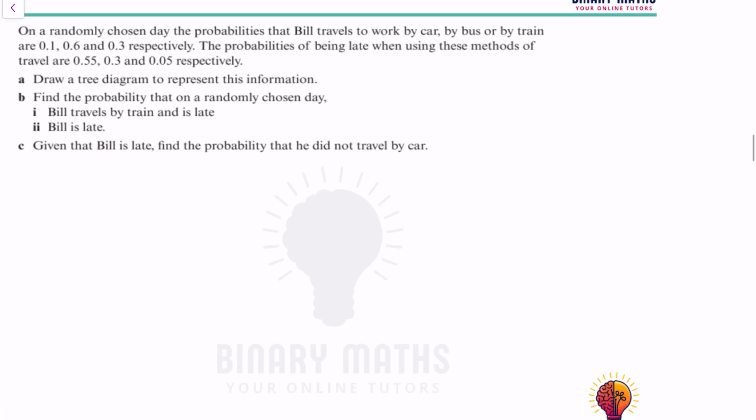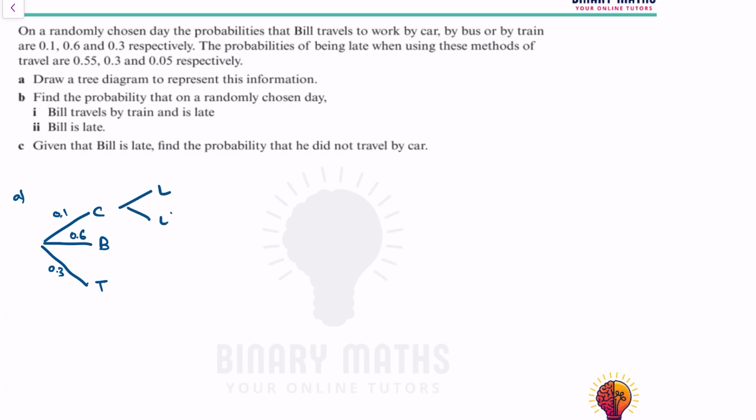On a randomly chosen day, the probability that Bill travels to work by car, by bus, or by train is 0.1, 0.6, and 0.3. So car, bus, and train, 0.1, 0.6, and 0.3. The probabilities of being late when using these methods of travel are 0.55, 0.3, and 0.05.